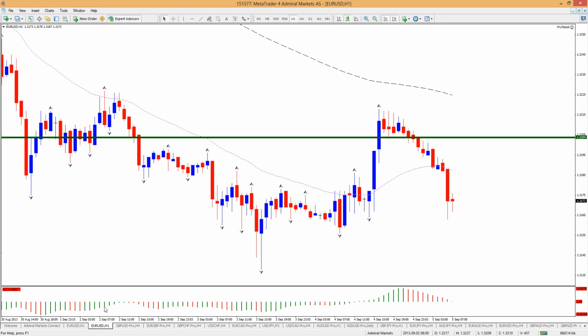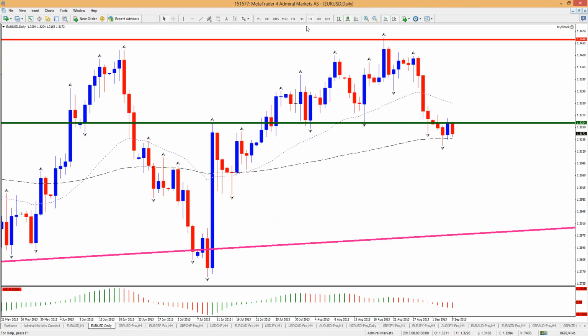But just quickly from a bigger perspective, we're looking at the euro dollar here on a daily. We had a small upside daily candle yesterday, small bullish candle. Within that down move, currency was moving down from 134.50 to 131.40. We made a small move up and already moving down.